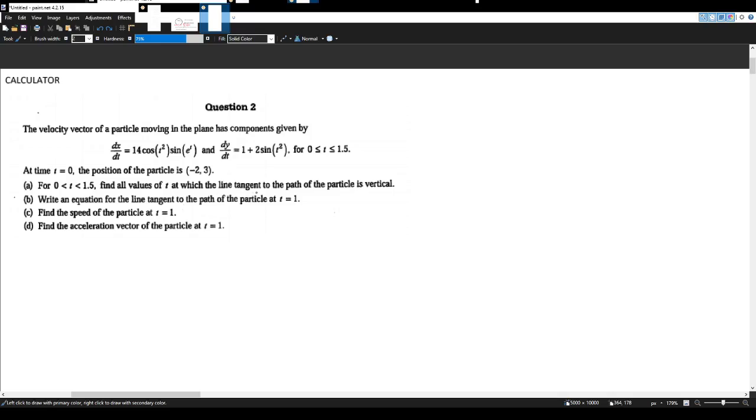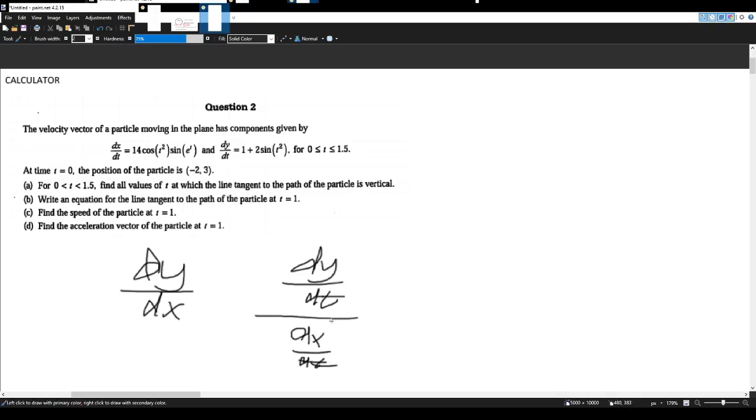So we're talking about the slope, and for that we need dy/dx. Now we have dy/dt and dx/dt. So if we go dy/dt over dx/dt, the dt's cancel out.